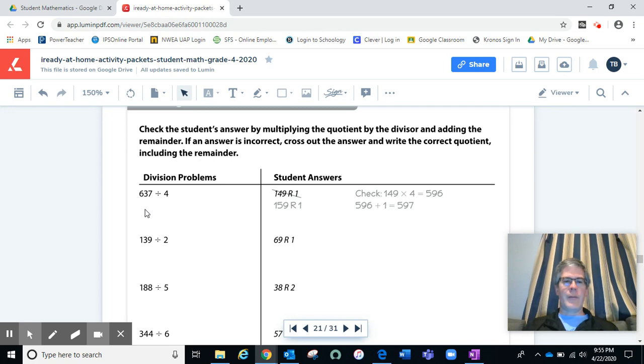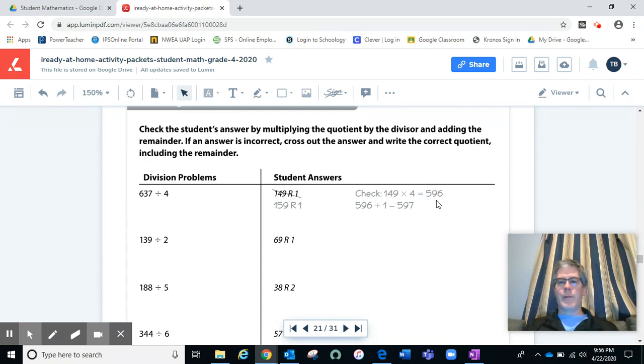So we're doing that by taking the quotient that they came up with, in this case 149 with a remainder of 1, multiplying by the divisor, and seeing if we come up with the original dividend. And in this case, we don't. So the student answer was 149 with a remainder of 1. We take 149, multiply by 4.